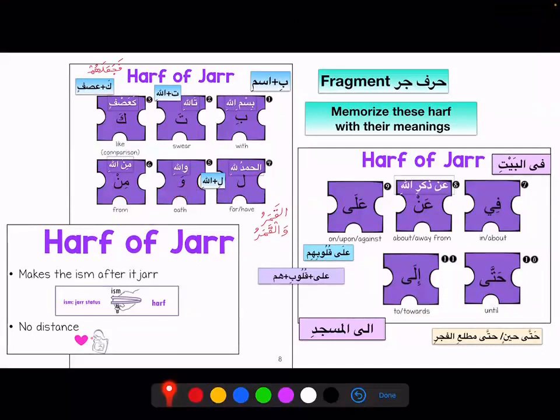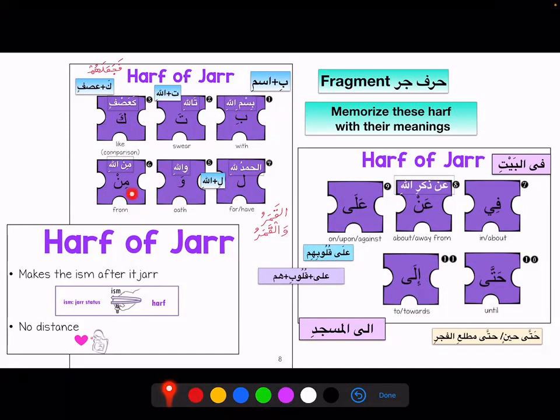So waw has many different purposes. One of them is that it is harfu jar, but we are going to see them as a harfu jar only when we have ism majroor after it. Otherwise, it might be playing a different role.